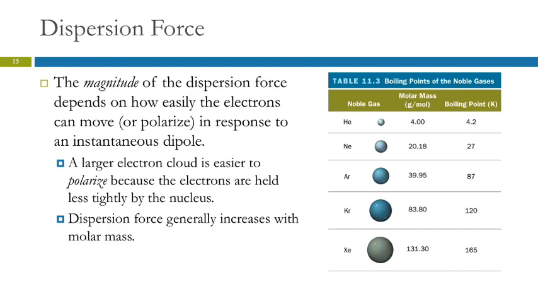We can see the effect of this on the boiling points of these noble gases. So going from helium down to xenon, the boiling point changes from 4 Kelvin to 165 Kelvin. So what's holding these xenon particles as a liquid at very cold temperatures must be stronger than what's holding helium, because the temperature is a measure of how much kinetic energy the particles have.